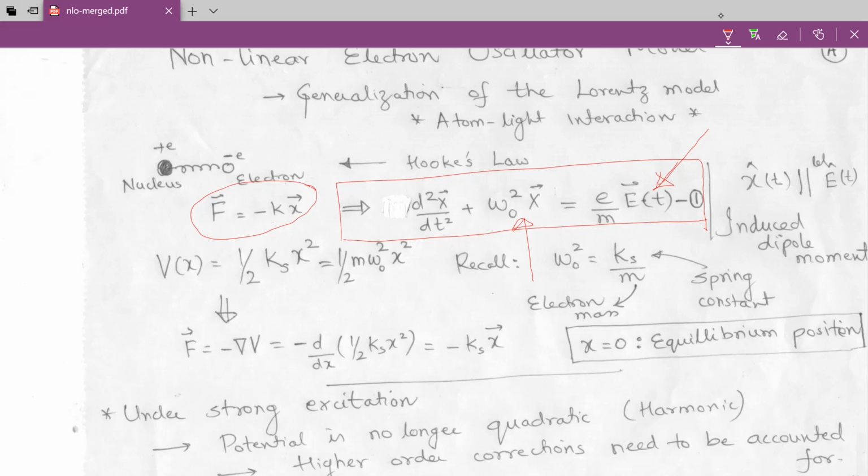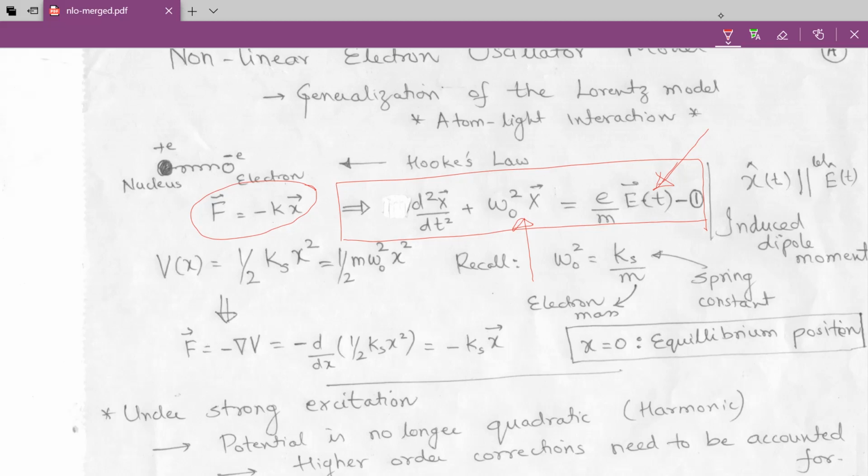So in our further discussion, we might periodically drop the vector direction, but we know clearly that it is along the direction of the polarization of the incoming field. All right. So remember that omega naught squared is a positive definite quantity, and it is related to the spring constant divided by the mass of the electron.